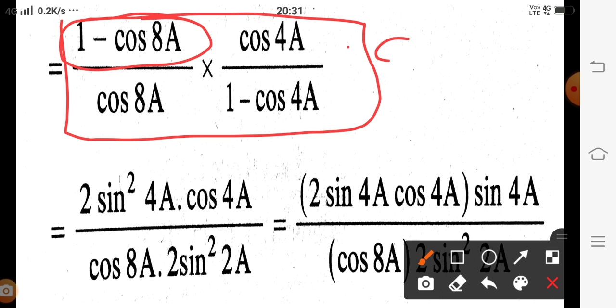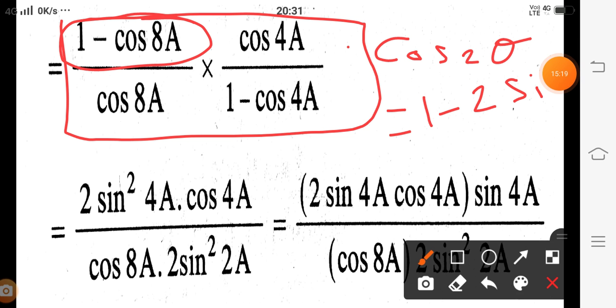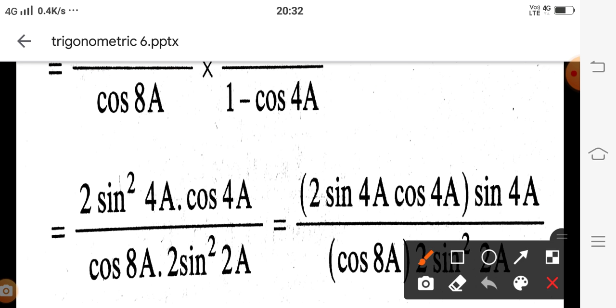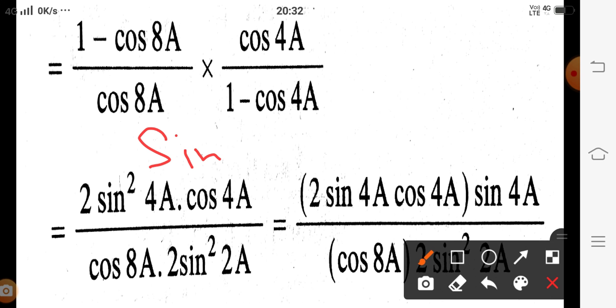If you remember the concept, cos 2 theta is equal to 1 minus 2 sin square theta. Then taking 1 and the minus sign on the other side, the identity we get is 2 sin square a is equal to 1 minus cos 2a.